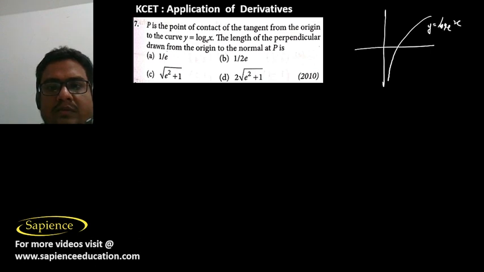Point of contact of the tangent drawn from the origin, this is P. The length of the perpendicular drawn from the origin to the normal at P. The normal at P is like this. This is the normal at the point P.